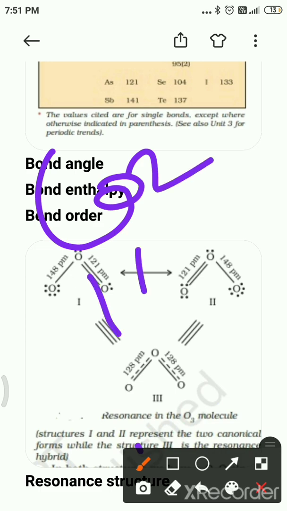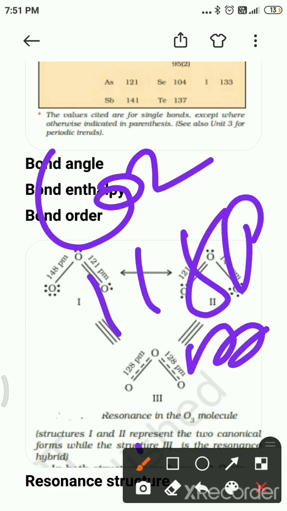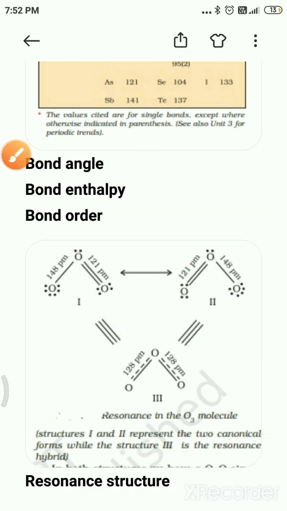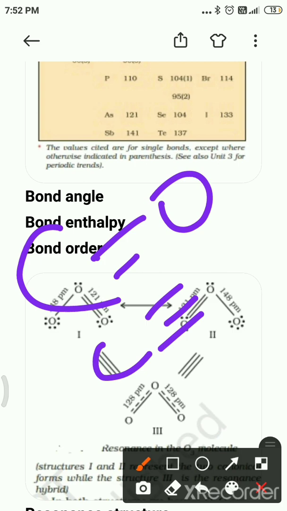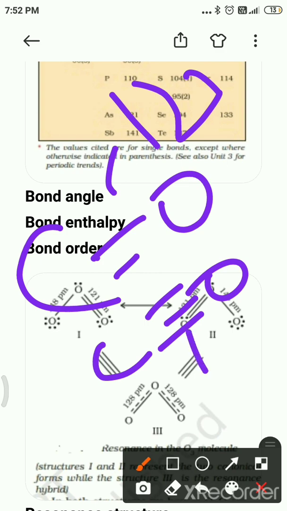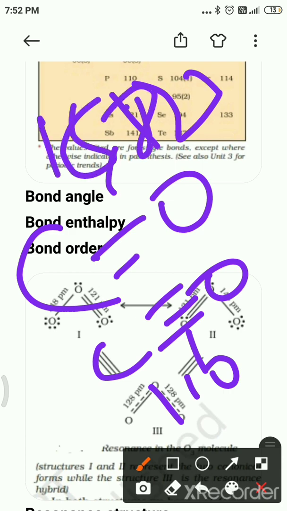The lengths of the normal carbon to oxygen double bond, C double bond O, and carbon to oxygen triple bond, C triple bond O, are 121 picometer for the double bond and 110 picometer for the triple bond. So the carbon to oxygen bond length is 115 picometer, that is the average.